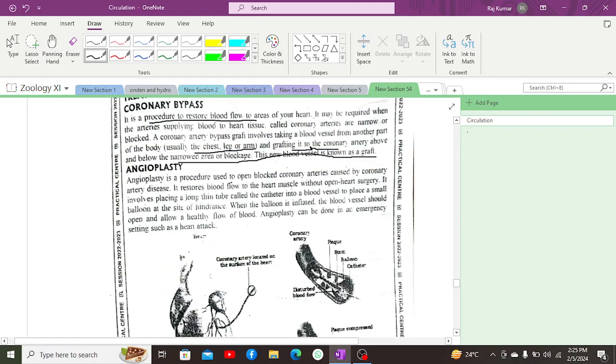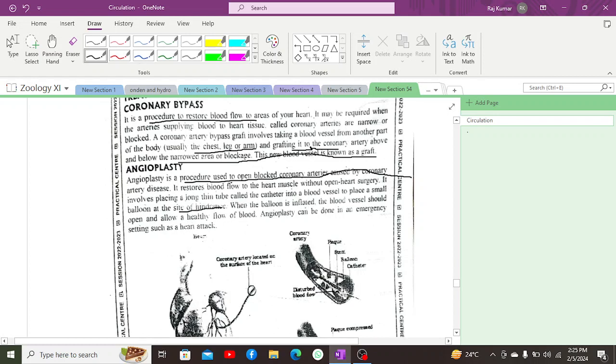After that, angioplasty. It is a procedure used to open blocked coronary arteries caused by pulmonary artery disease. It restores blood flow to the heart muscle without open heart surgery, in such a manner that it involves placing a long, thin tube called the catheter into a blood vessel to place a small balloon at the site of a hindrance.